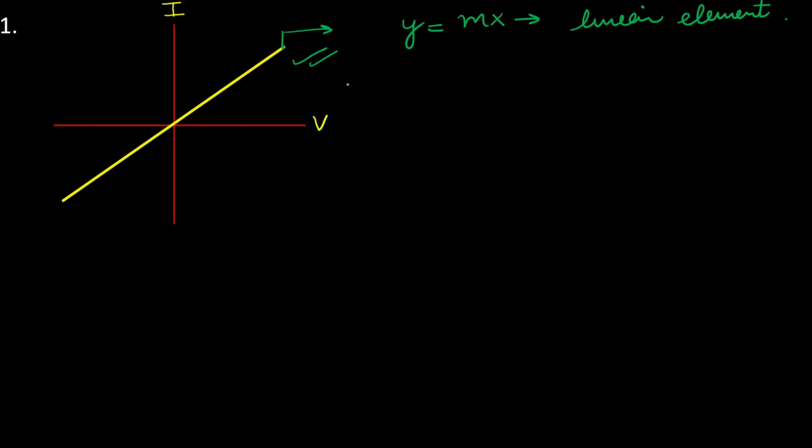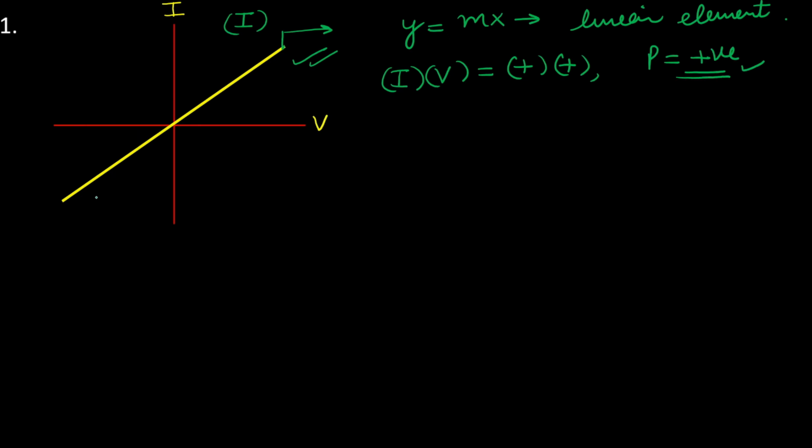Second, as you can see in the first quadrant, the value of the current and the voltage are both positive. So I into V, we are getting a positive value. So the power will be positive. It means that this element is absorbing power. In the third quadrant also, the value of the voltage and the current both are negative.